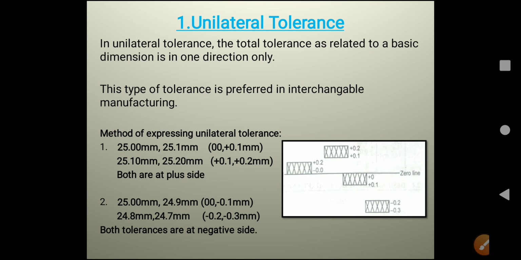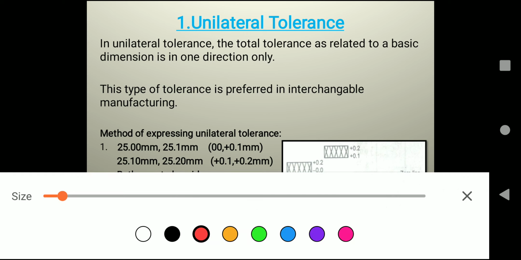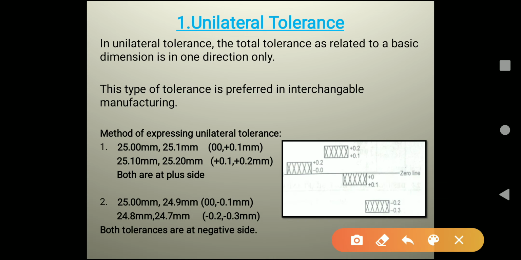Let us see the first type, the unilateral tolerance system. In unilateral tolerance, the total tolerance related to the basic dimension is in one direction. You can clearly see it in the image, and this type of tolerance is preferred in an interchangeable manufacturing system. How exactly does the method of expression in unilateral tolerance take place? Here you can see 25.0 mm and 25.1 mm.